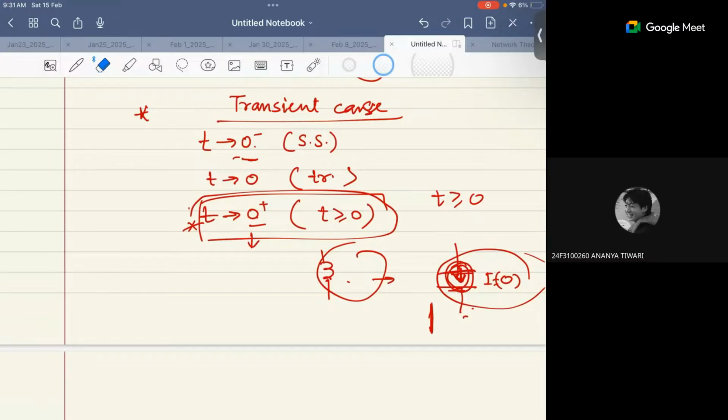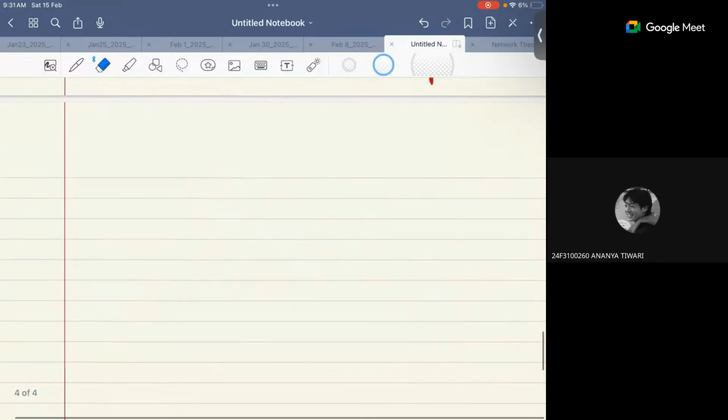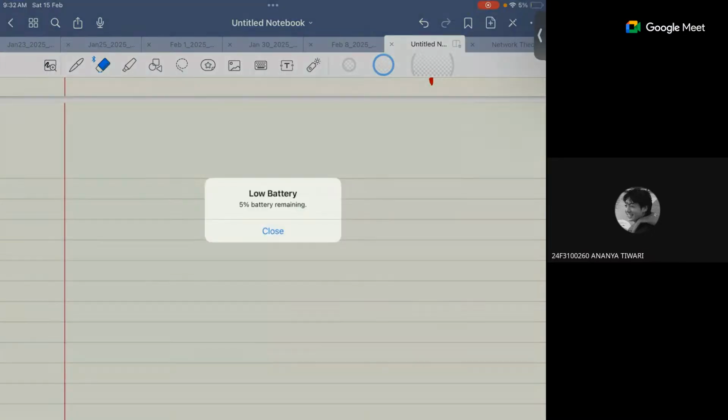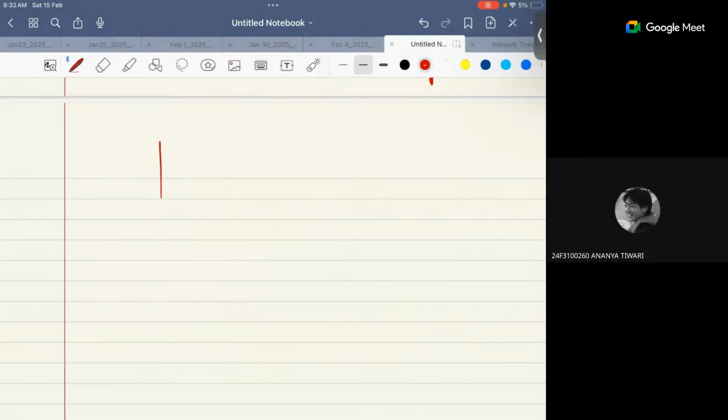Okay, sir. See, one example is there. I'll write it out. Maybe you try to solve it, that will help to have more clarity. It just has an inductor here. So let's say, for example, this is a voltage source.